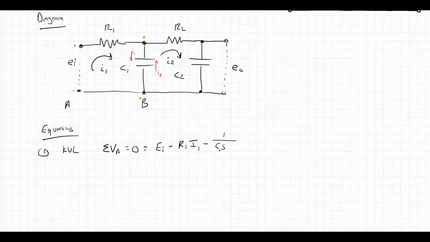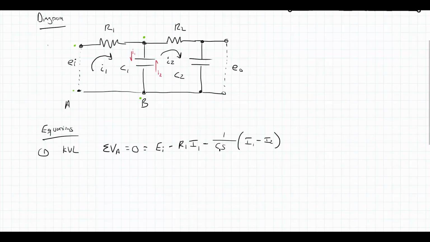So the net current going through it is what I'm going to multiply by the 1 over C1 S. Positive I1, because that's going with us, and the negative is already taken care of out front, and then minus I2, because I2 is going the other way. As we travel from that midpoint down to B, we're going with I1, but against I2. That's where I'm getting this negative 1 over C1 S times that quantity I1 minus I2.